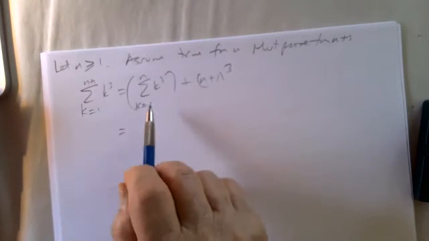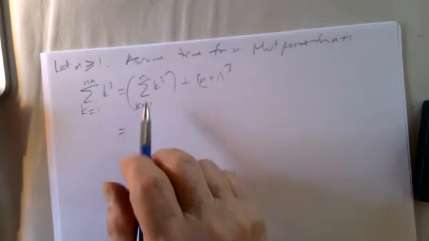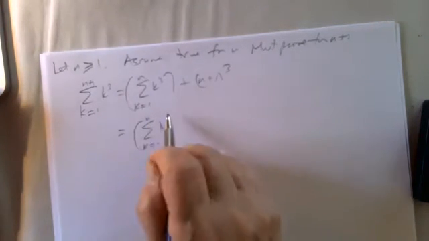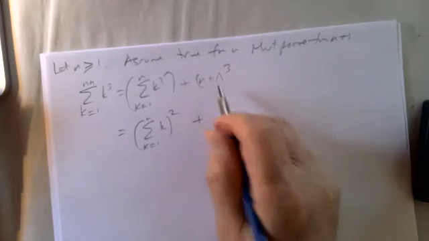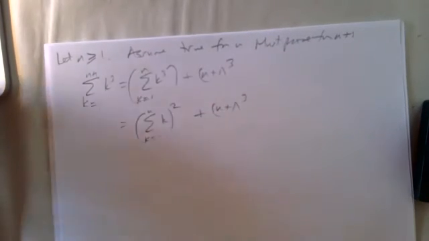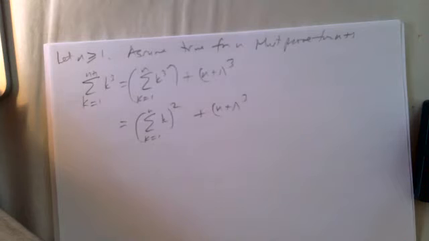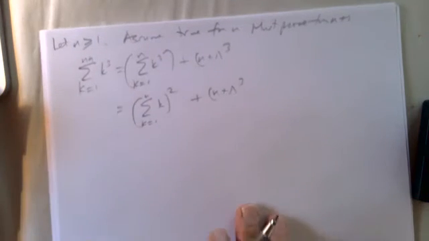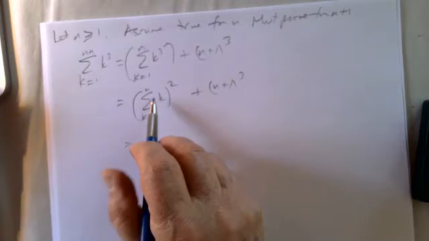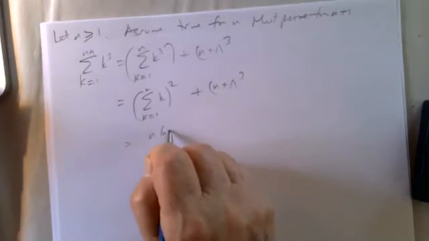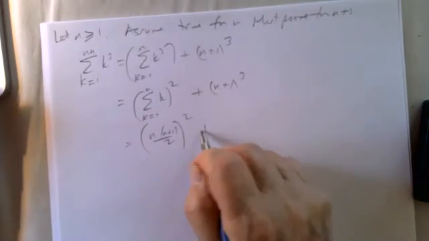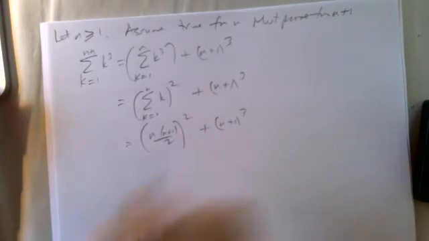And by the induction hypothesis, this is equal to the sum from 1 to n of k, squared, plus n plus 1 cubed. And the sum of the first n integers is n times n plus 1 over 2, and we're squaring that, plus n plus 1 cubed.